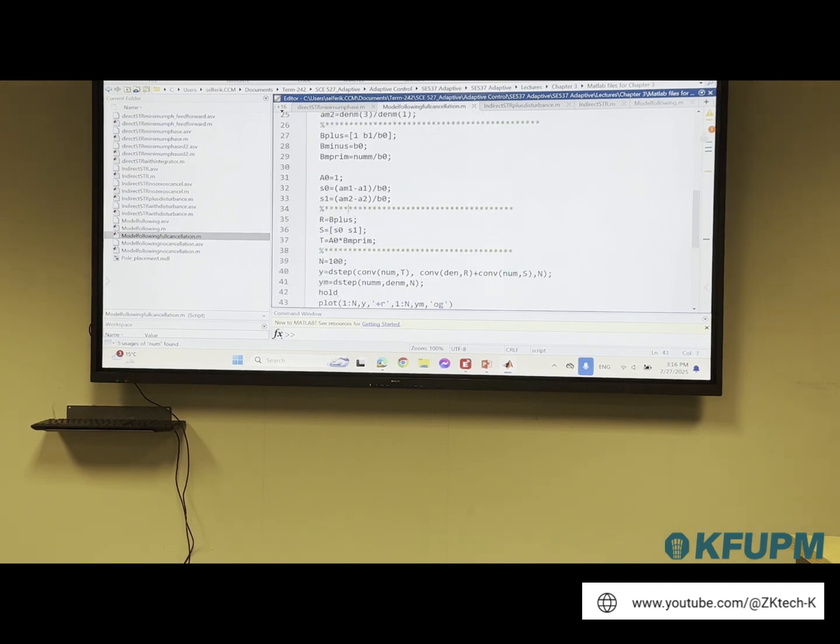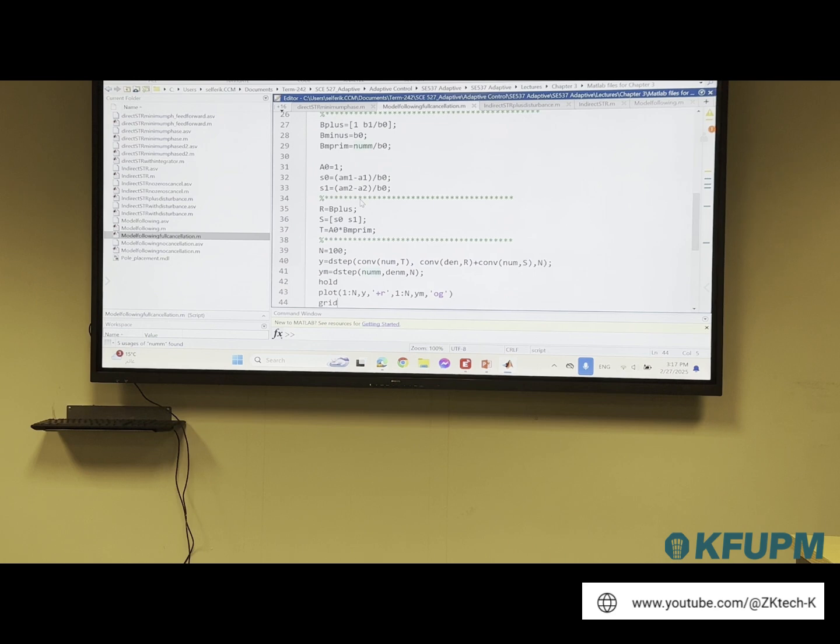So I selected B plus equal to q plus B1 over B0, and then B minus equal to B0. They're exactly the same thing that we did here. And then Bm prime, of course, is equal to Bm divided by the value of B0. Then I compute everything, put a step here, and plot whatever is happening with the system. That's it.